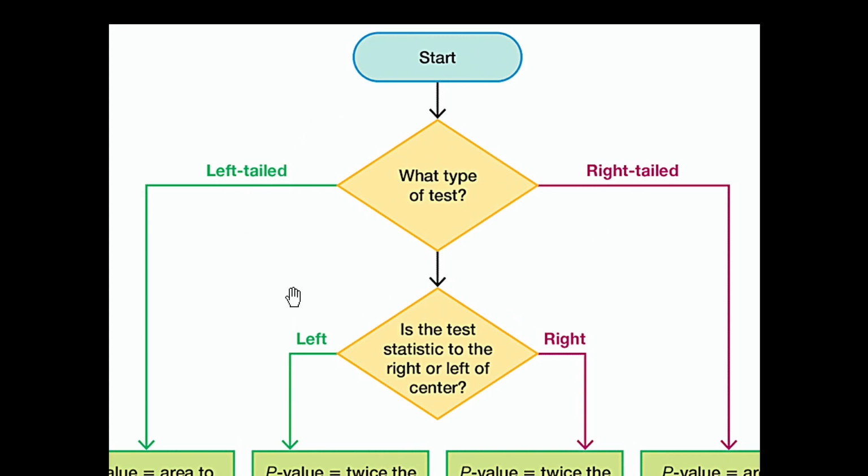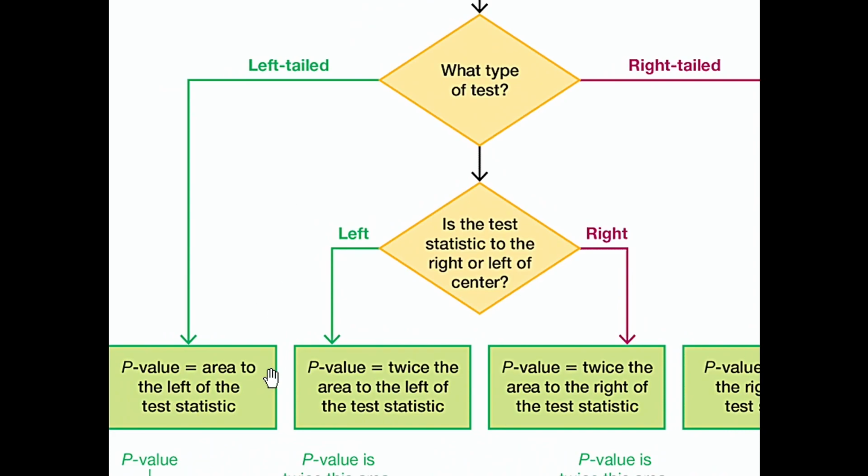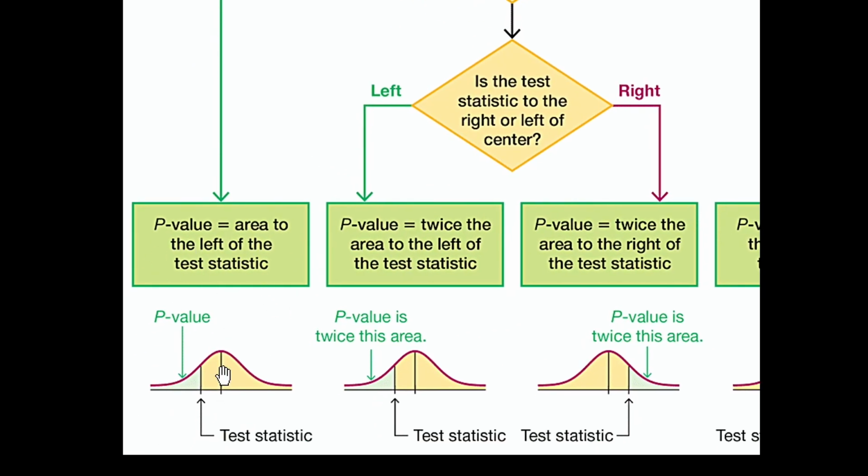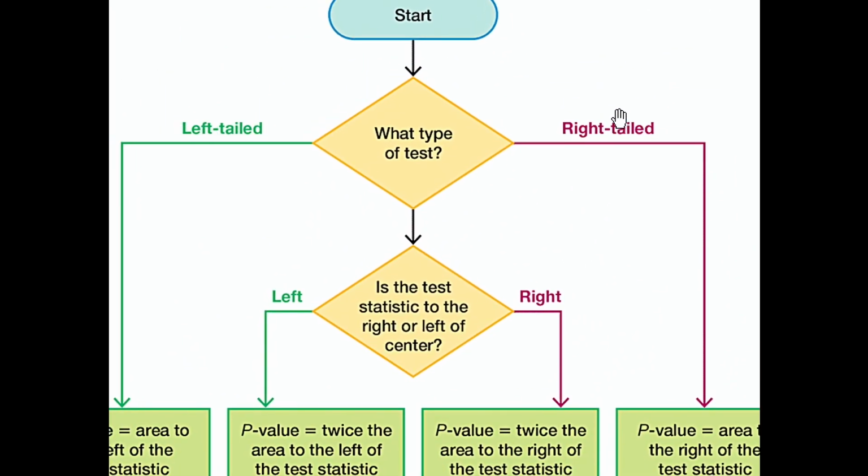So left-tailed, which just means the p-value is the area to the left of the test statistic. For that one, you would just literally look up the area in table A2. And remember that less than goes to the left. And then the case that we just saw was actually a right-tailed test, because greater than goes to the right.